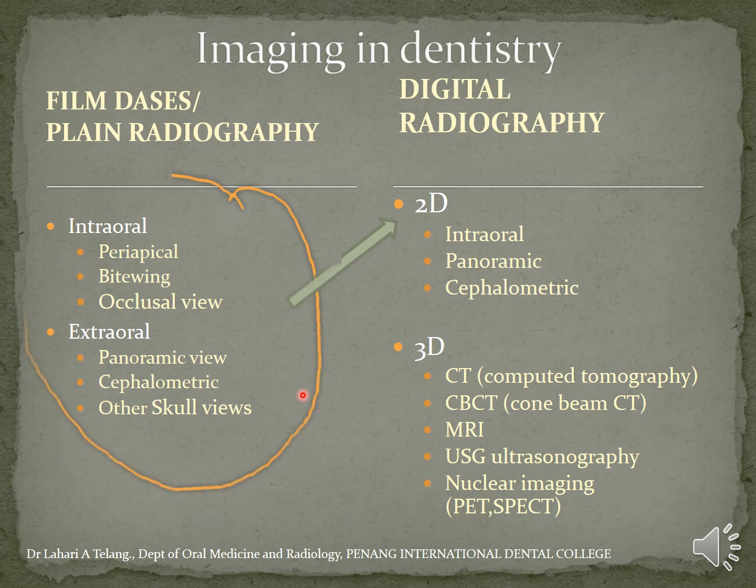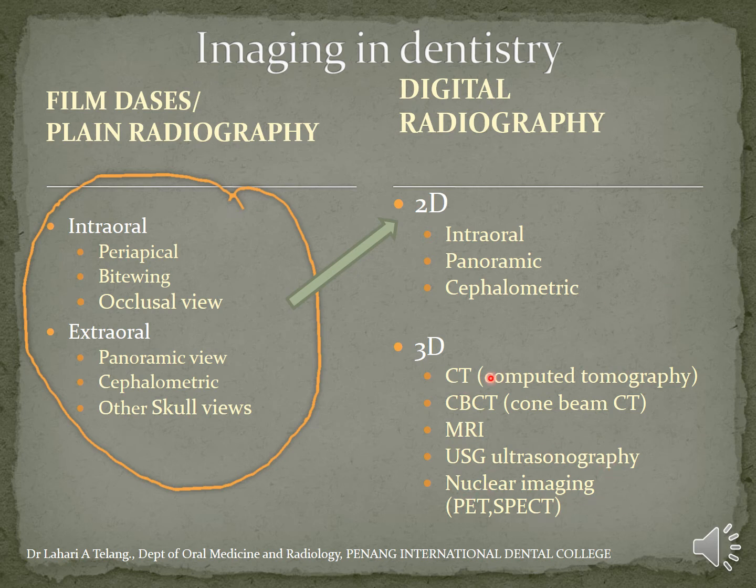Now these images can also be taken with a digital radiograph, right? They become two-dimensional when you're taking any of these intraoral views, panoramic view or cephalometric view. They can also be done with digital radiology, right? And there's something called a three-dimensional view, which is virtually non-existing with films. This can only be done with digital imaging. The examples of which are computed tomography, CBCT, MRI, ultrasonography and nuclear imaging.